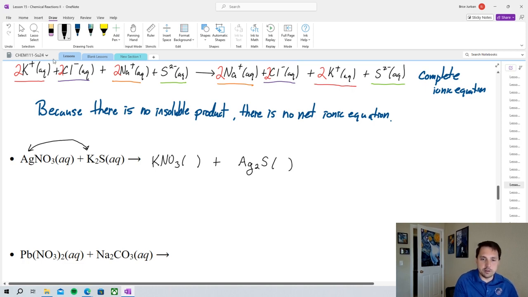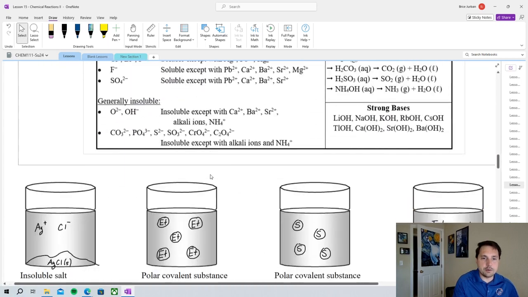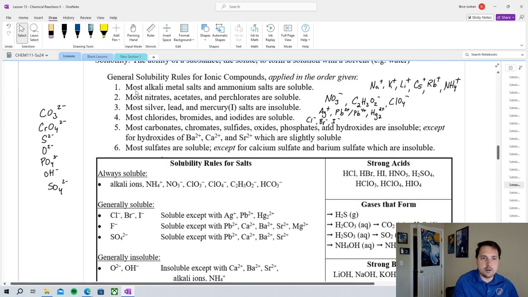And we want to predict the solubilities here. So if I go back up to my solubility rules, most alkali metal salts, something that includes potassium, is going to be soluble. So the potassium nitrate is soluble based off the first rule, and also based off the second rule, because most nitrates are also soluble. So we could say it's very, very soluble. However, the next one, we're looking at silver sulfide. Sulfides show up down here in rule 5, and silver shows up here in rule 3.